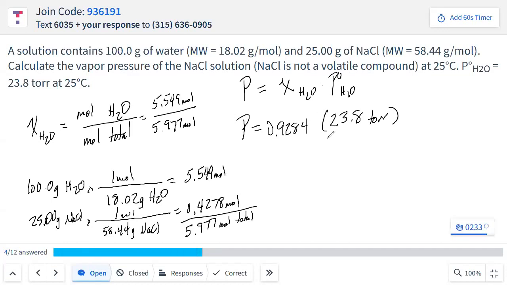Remember, mole fraction is a unitless concentration. I have moles divided by moles, so they cancel out. So that value times 23.8 would give us, to 3 significant figures, the pressure of this solution: 22.1 torr.